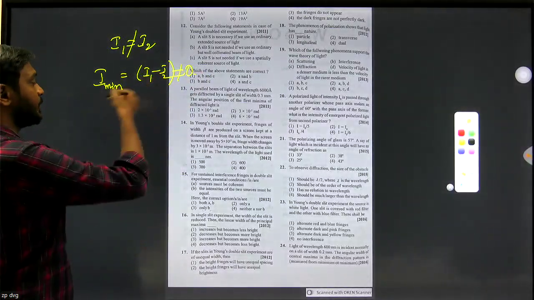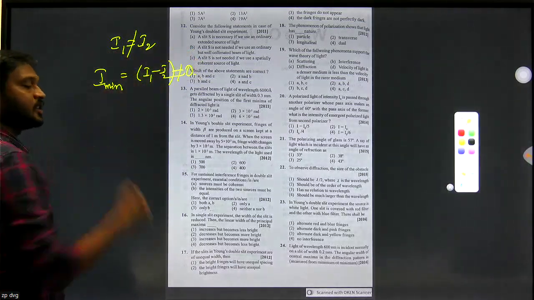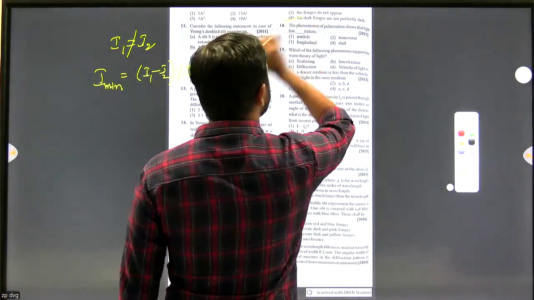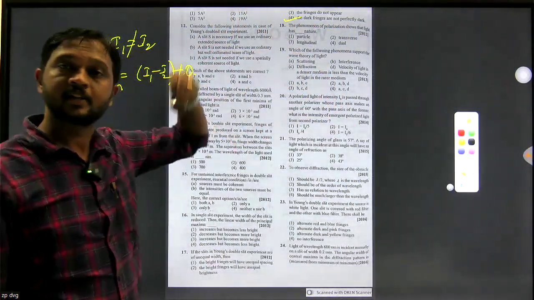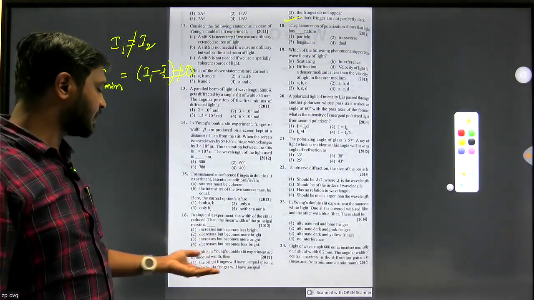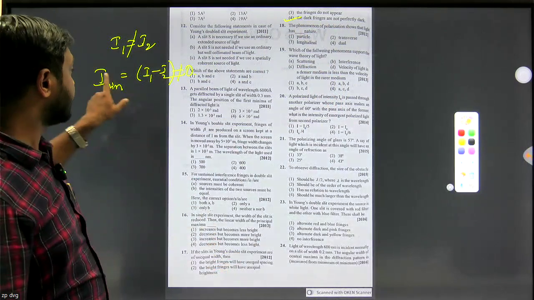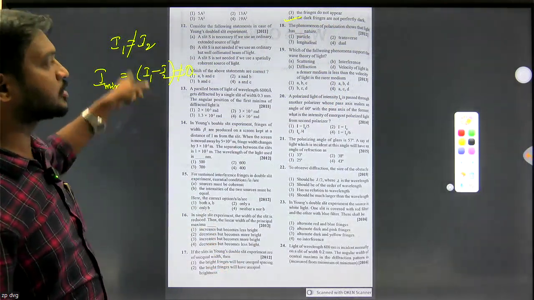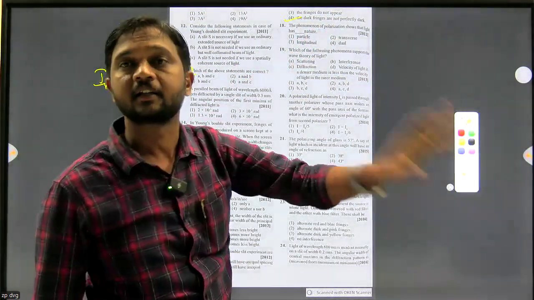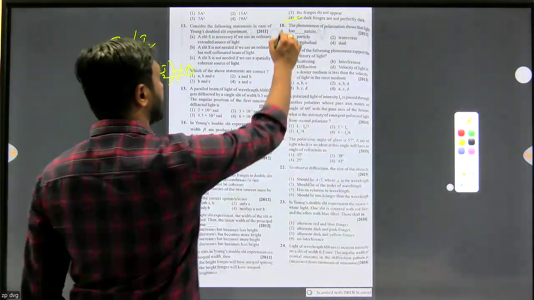Intensity I minimum is not equal to 0, which means the dark fringes are not perfectly dark. Fringes do not appear? No, fringes always appear. So the answer is option 4.